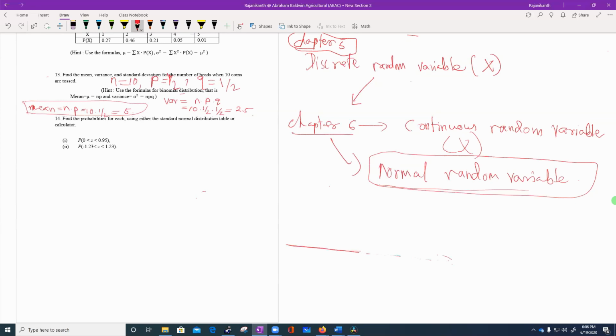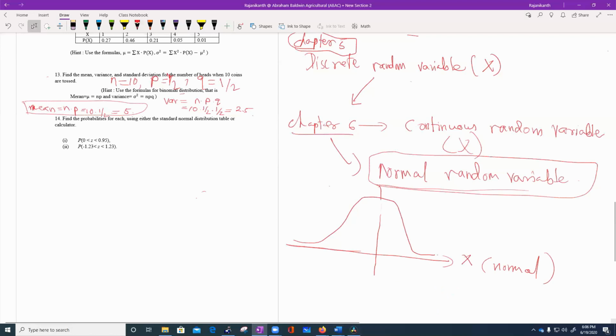So if you draw a curve for the normal random variable, it is a continuous curve. You could draw a continuous curve. That curve is very much symmetric about the midpoint.